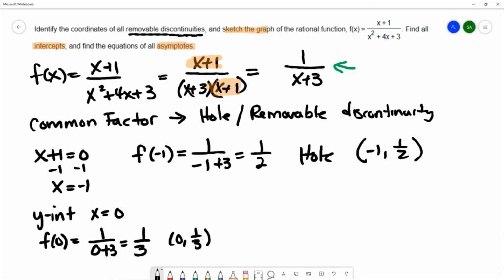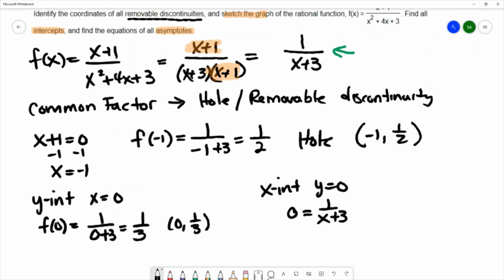And then when I look for x-intercepts, I'm going to let y equal 0. So I'm going to set my whole function equal to 0. And you want to make sure you use the reduced one, because otherwise you will get an x-intercept that doesn't exist if you use the original function.